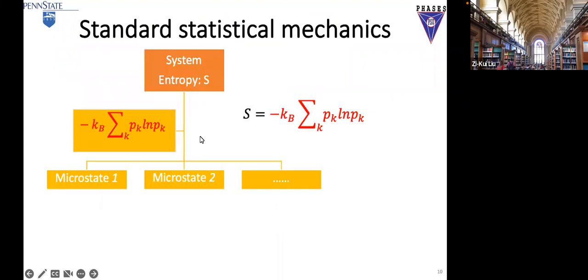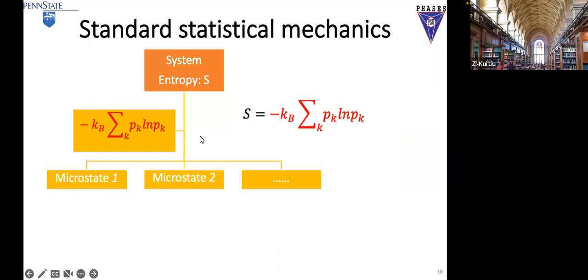Okay, so I have three slides to talk about what entropy is about and how we do it. First, from standard statistical mechanics, for a system with different configurations, different states, microstate 1, 2, 3, and so forth, the entropy of the system is minus k_B times the summation of p_k log p_k, if you sample all the states.